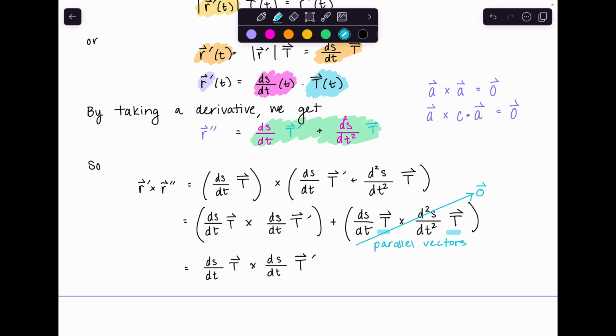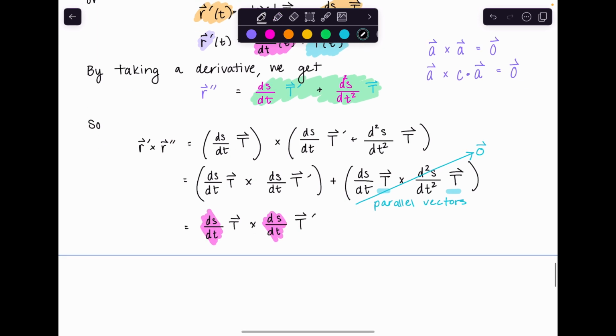And then remember, even scalar functions you can pop out, because this is the same scalar function in both of them. You can go ahead and factor that out. So this would be ds/dt squared, and the vector that's left over is T cross T prime.